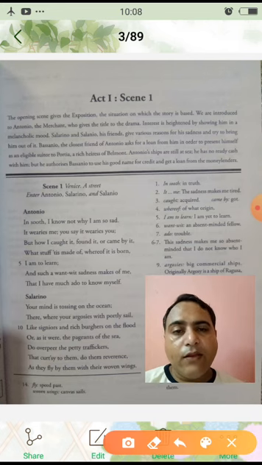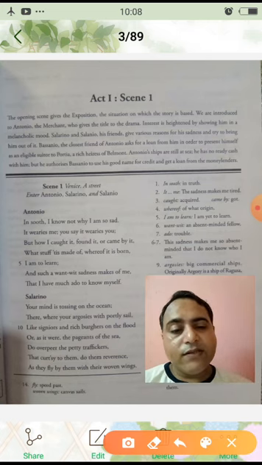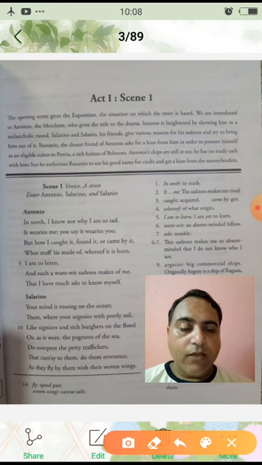Bassanio, the closest friend of Antonio, asks for a loan from him in order to present himself as an eligible suitor to Portia. In the scene, after the conversation between Antonio, Salarino and Salanio, who enters? Bassanio, one of the dearest and closest friends of Antonio.